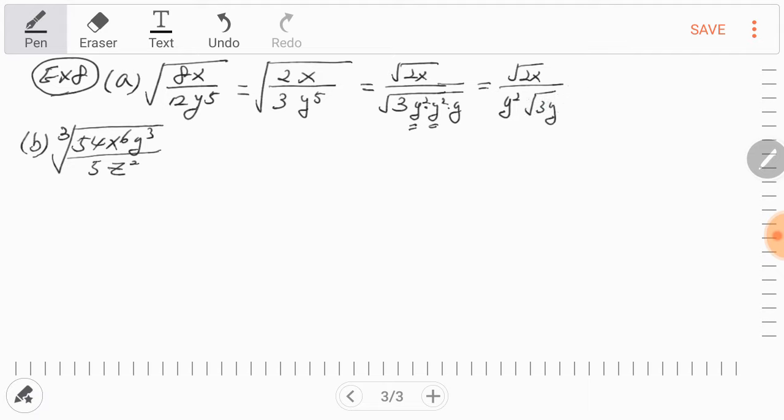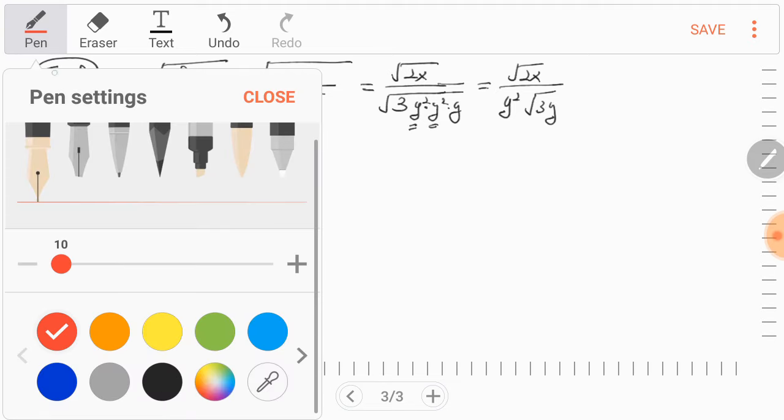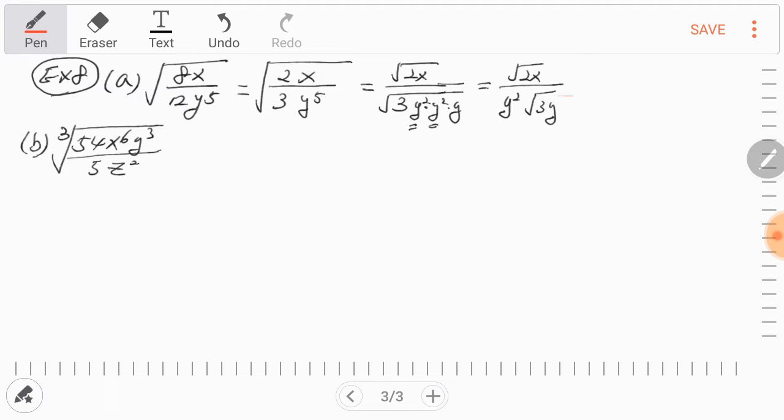Okay, now what's next? Rationalize the denominator. So since the denominator is square root, we will make a square for each factor of this 3 and y. So we got to multiply square root of what? 3y. Because 3 times 3 is 3 squared, y times y is y squared. So then multiply the numerator by 3y.